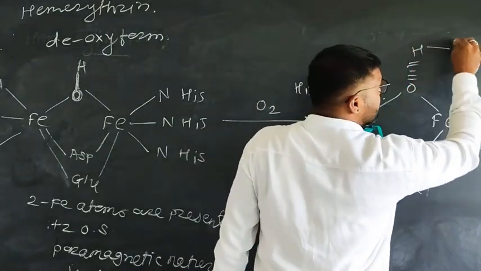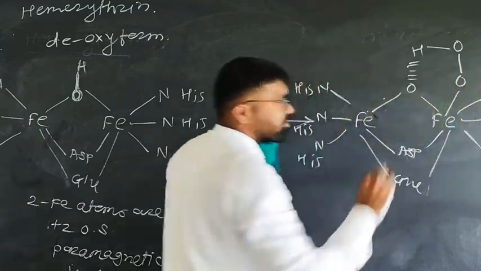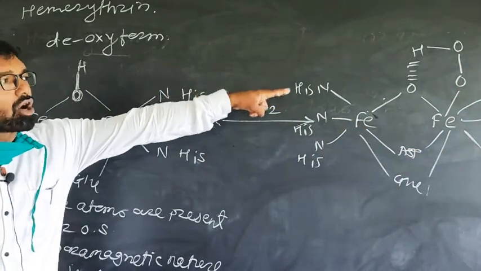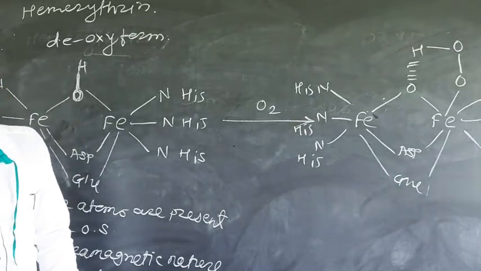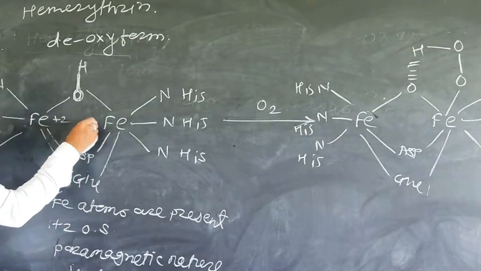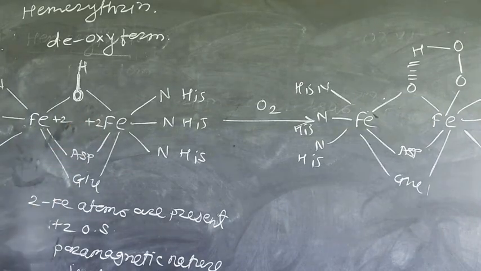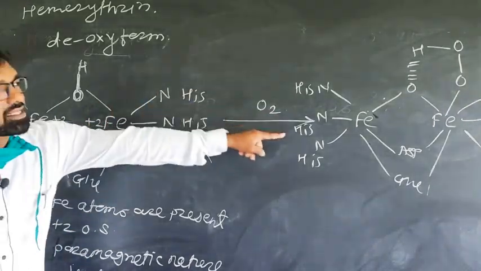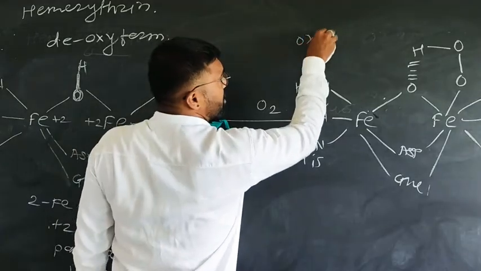This hydrogen forms bonding with the oxygen and ferrous. This is the oxyform. In this oxyform, which changes are taking place? Here we can see that this Fe is in +2 oxidation state, this is also in +2 oxidation state. Now, what are the changes? This is the oxyform.